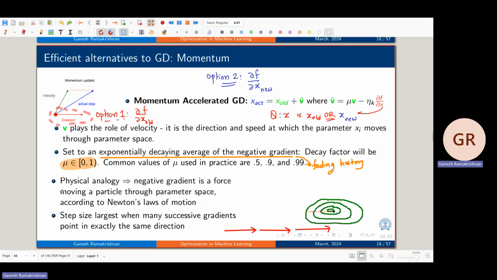Now I'm trying to bring out the options associated with where to compute the gradient. Option 1 is to compute the gradient with respect to the old point. That's pretty much what we have shown here. Option 2 is with respect to the new point.